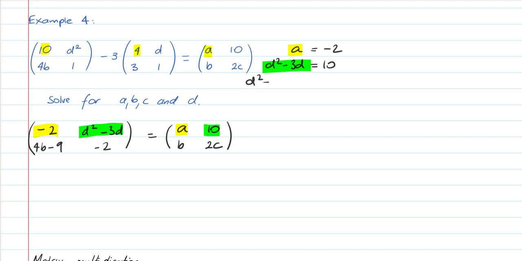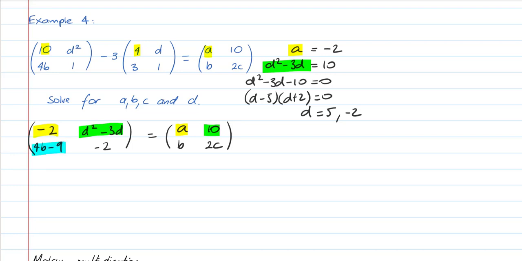So I get d squared minus 3d minus 10 equals 0, which means that d minus 5 and d plus 2 equals 0, which means that d can equal 5 or negative 2. That's a quadratic solution by factorising. If you're unsure of that, you should definitely go back and reaffirm your understanding. So d could be two values. It's quadratic, that's okay.